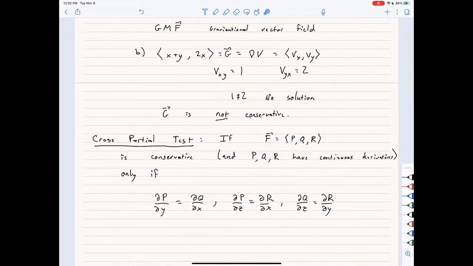Questions? The reason for this, of course, is that if it's conservative, then F is the gradient of some potential, with components Bx, By, Bz. And when you put these into these equations, you're just saying that the second partials have to commute. That's what you're saying. Which is Clairaut's theorem we had. Okay.